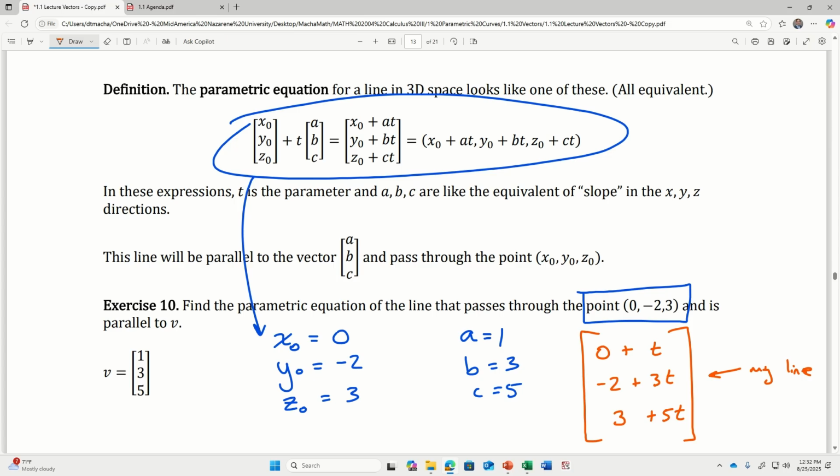So the reason this works is because if I choose t equals 0, then I can guarantee that point belongs to my line. And then it's parallel to v. My line is going to end up parallel in space to this vector v, because as I choose different values of t, it's going to add different multiples of that vector to the original point I'm starting from. Let's plot this.